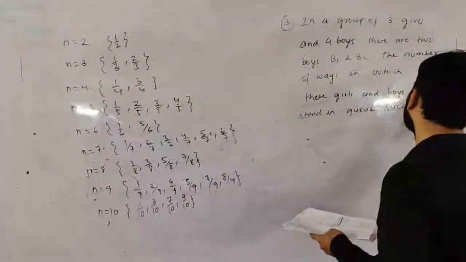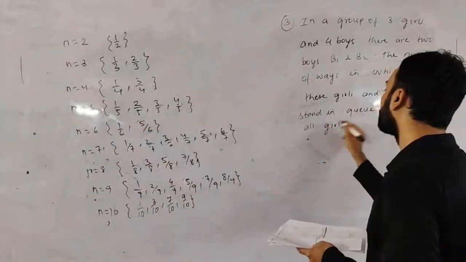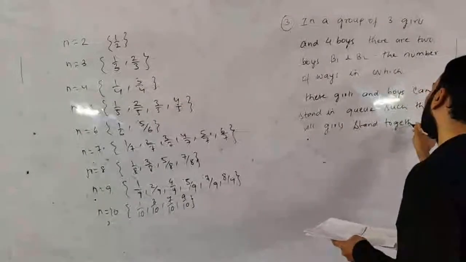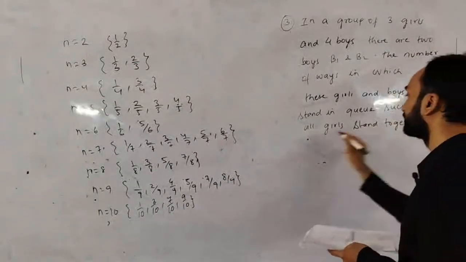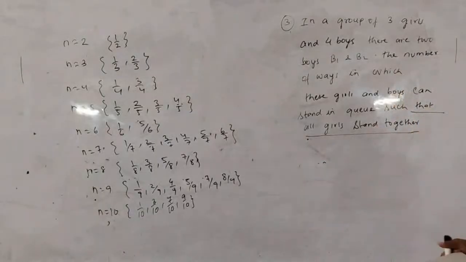Now the condition starts, such that all girls stand together, right? So this is the condition. I am marking this condition so that while solving this problem, all the girls stand together.